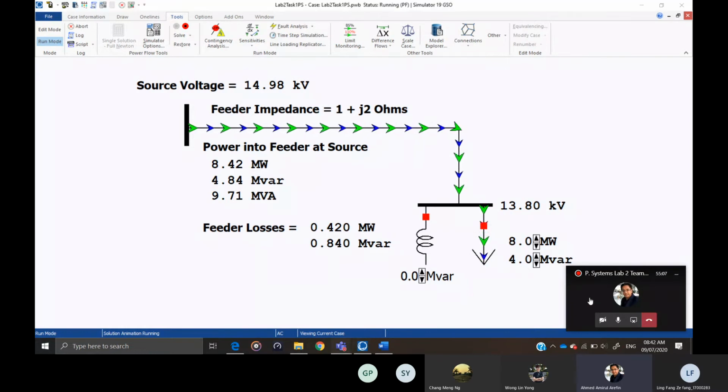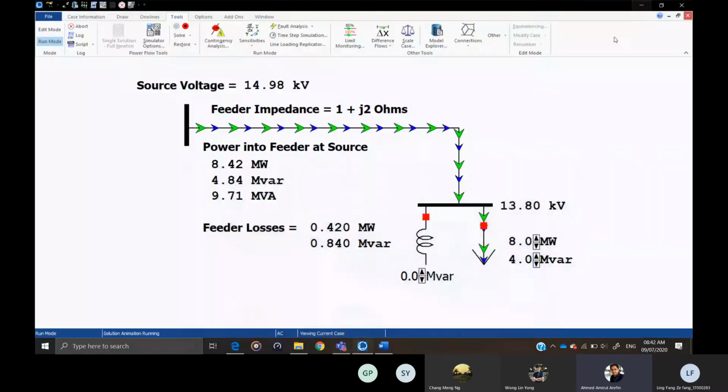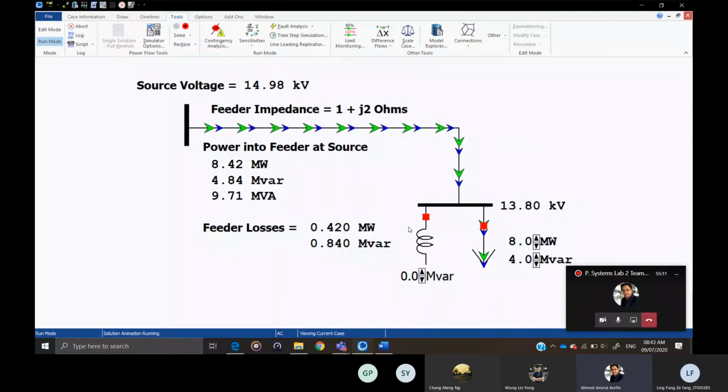Now I can see. So this is task one with inductive load. When I decrease the value of the inductor, the source voltage will increase and the reactive power will also increase. But the losses will also increase.